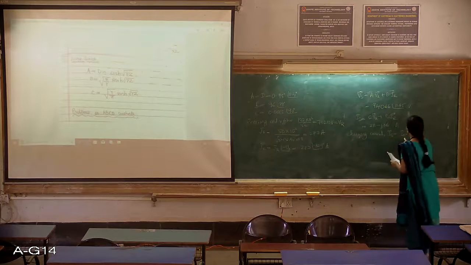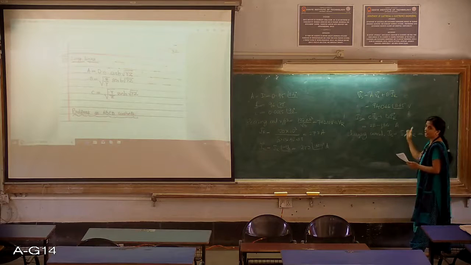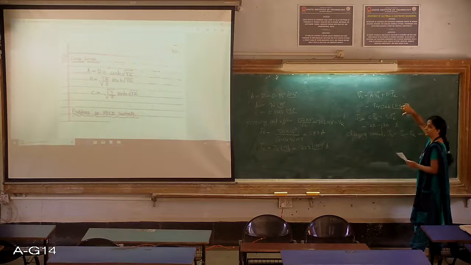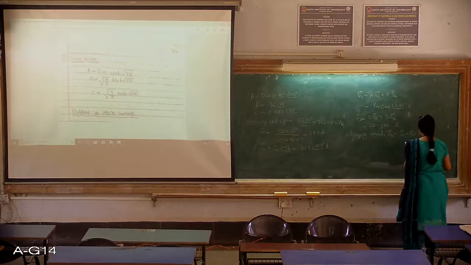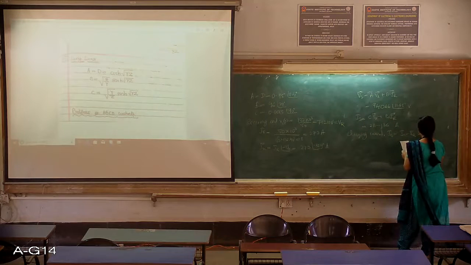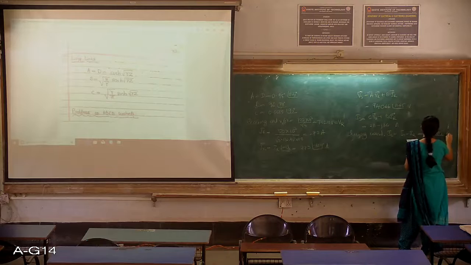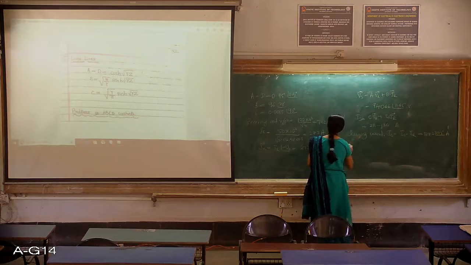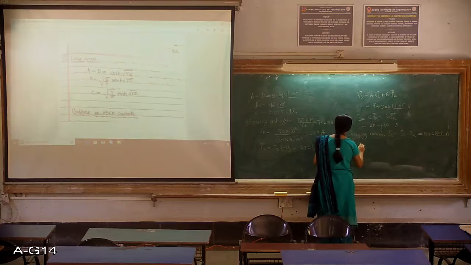In other words, IS is IC plus IR. IR has a phase shift with IC and the resultant is IS, so IC is IS minus IR. You have found IS, you know IR, so substitute and you will get 128.2 at an angle 93.1 amperes.